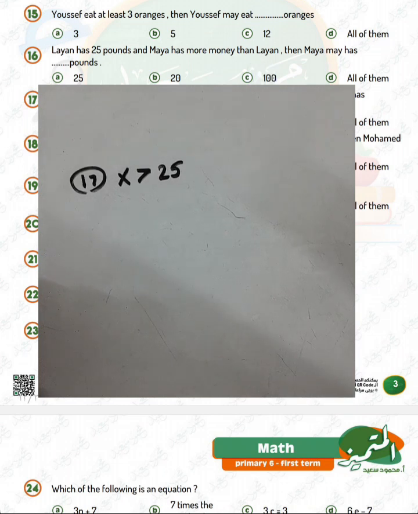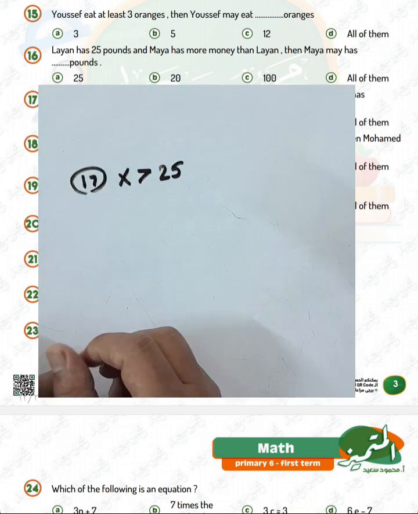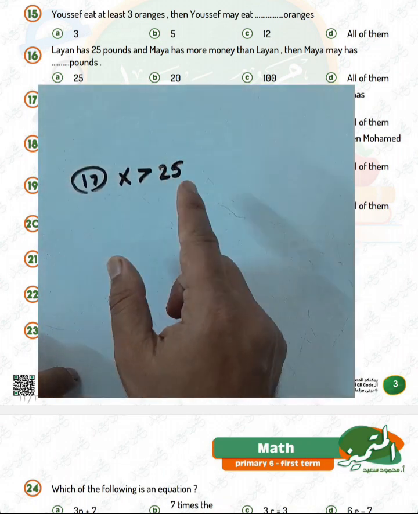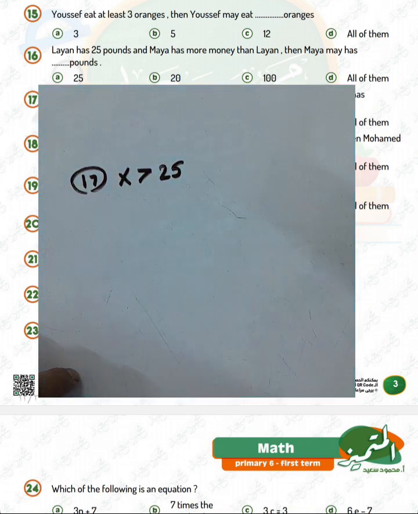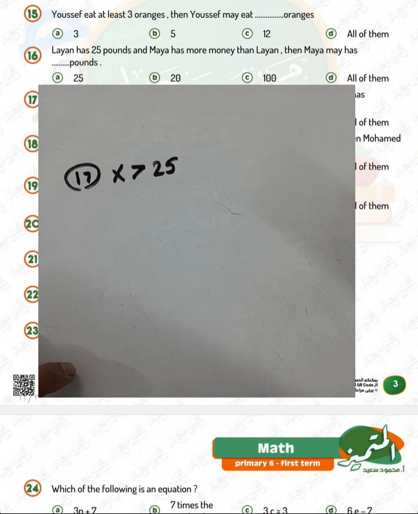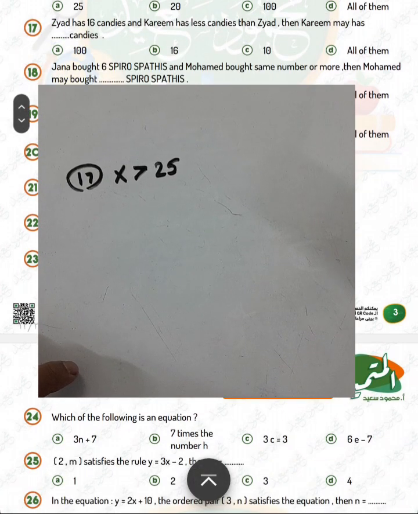We must choose letter C because it tells us in the example Maya has more money than Lian, and Lian has 25 pounds. Then Maya may have 25 or not? No, we can't choose 25 because he tells us more than Lian. It will be 100. More than means the number will be more than 25. Don't choose 25 or 20, but you must choose a number greater than 25, such as 100. Choose letter C.